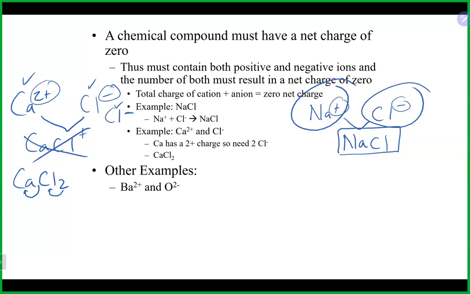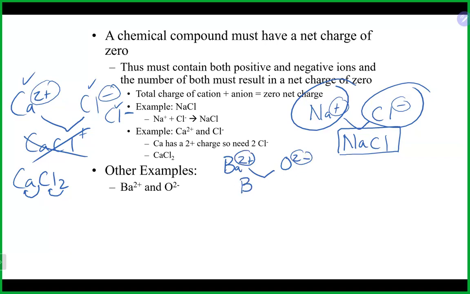Again, just putting those two names together: calcium, the whole name of the positive guy, and chloride, the name of the negative ion. So if we take a look at this, that is barium, which is a +2 charge, and oxide, which is a -2 charge. If I put those together, +2 and -2 equals 0 when you add them together.